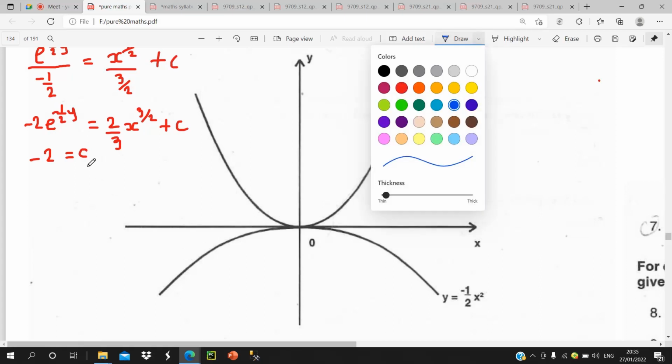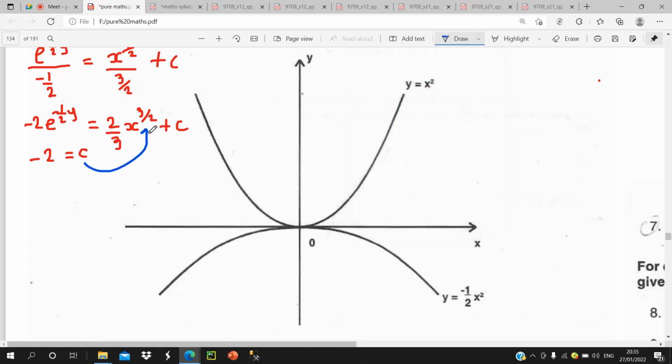Then let's go and back substitute to our general solution. Then we have minus 2 e to the power of minus half y is equal to 2 over 3 x to the power of 3 over 2, then minus 2, right?